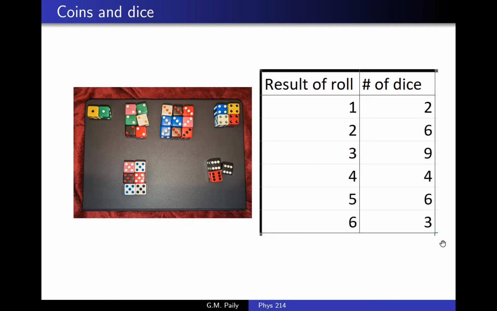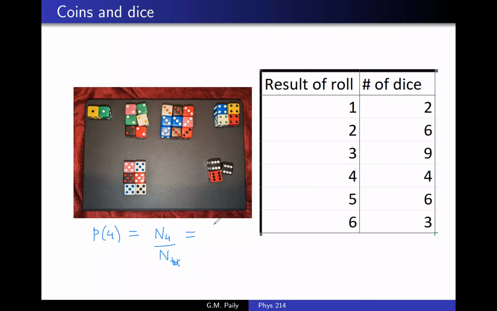So now if I want to figure out the probability, I can say that the probability of picking one of these dice at random and it having a 4 as the result is going to be the number of dice with 4 over the total number of dice.